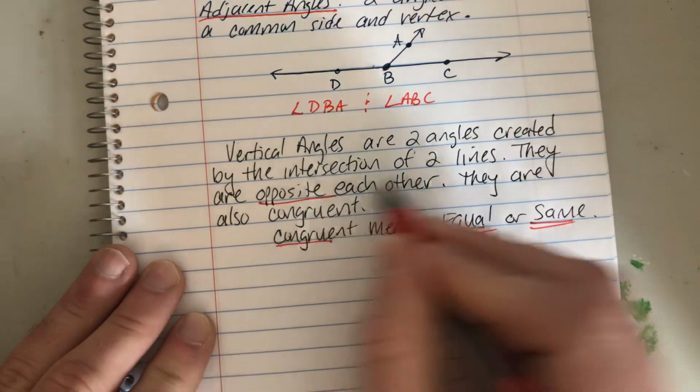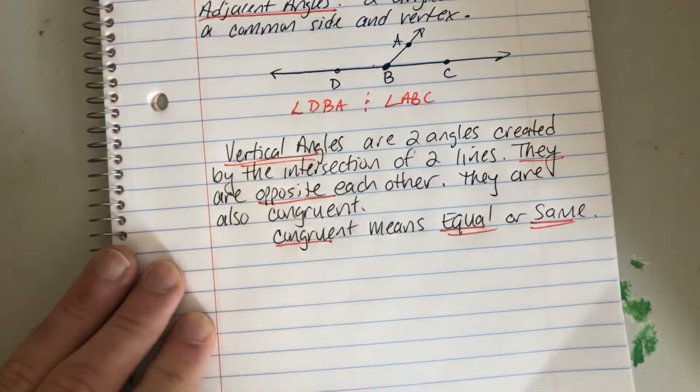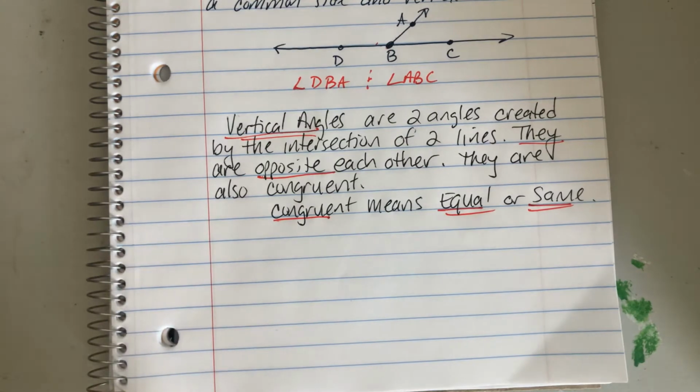They are opposite each other, across from each other. So vertical angles are two angles created by the intersection of two lines. They're opposite each other and they are congruent. Congruent means equal. Very good.